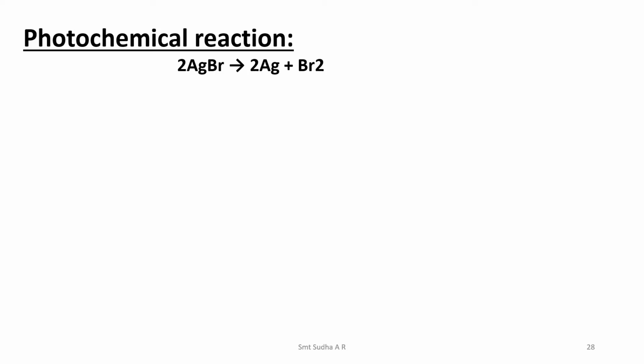Let us know about another one, that is photochemical reaction. Photo, as you already know, means light. Here I have written one example: 2AgBr gives rise to 2Ag plus Br2.